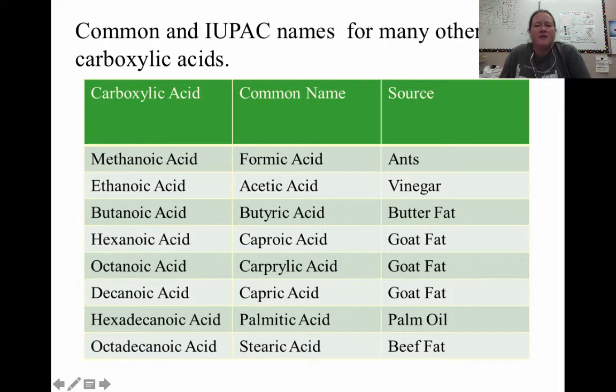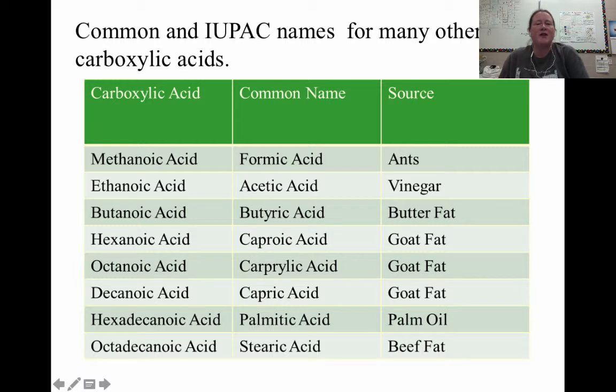Here is a list of some common names. What I find interesting about this is they have methanoic, which is 1 carbon, and ethanoic, which is 2 carbons, and butanoic, which is 4 carbons. But the last couple examples were propanoic acid, which they're not including on here.